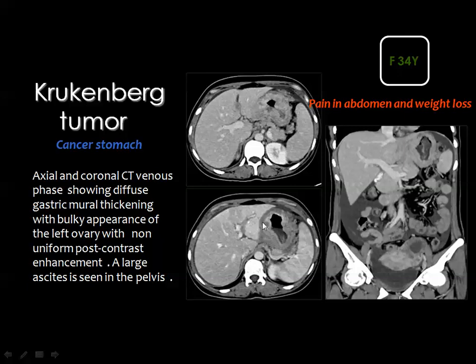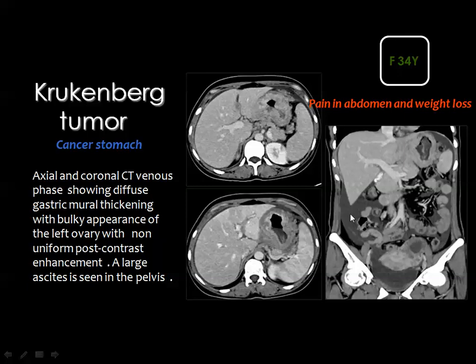You see the stomach, there is diffuse gastric mural thickening encroaching on the gastric lumen that was proved to be a cancerous stomach. And in the pelvis, you see a mass which is partly cystic and partly solid in the left ovary, diagnostic of ovarian Krukenberg tumor.